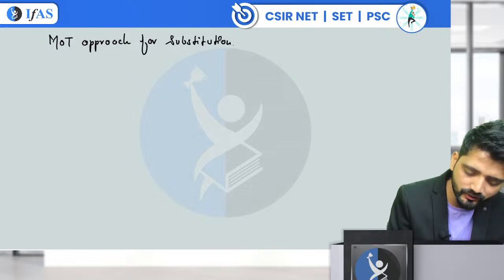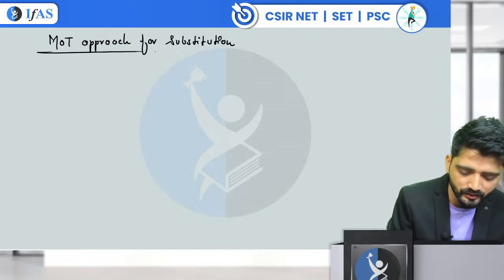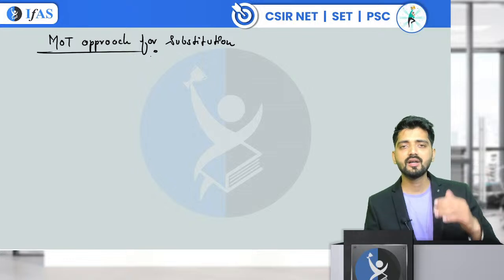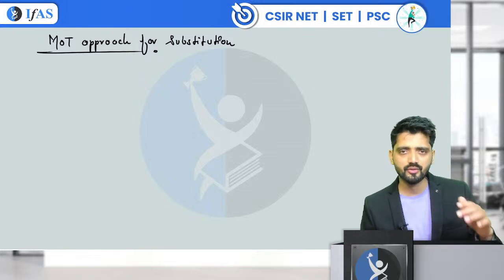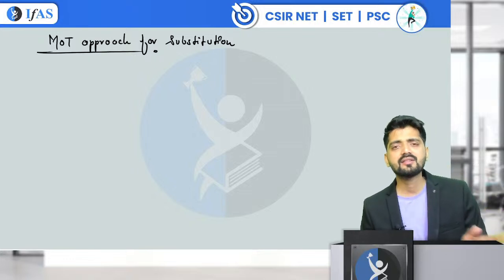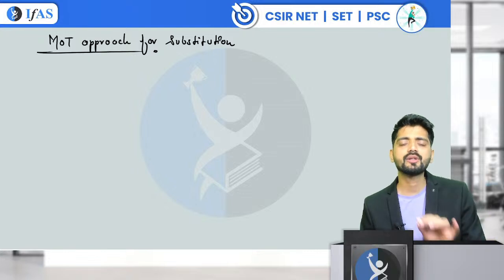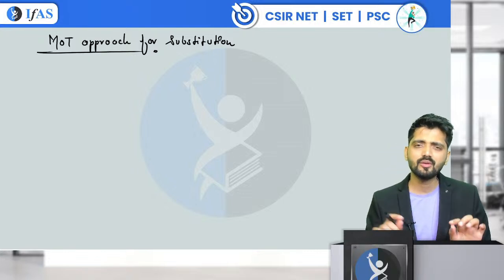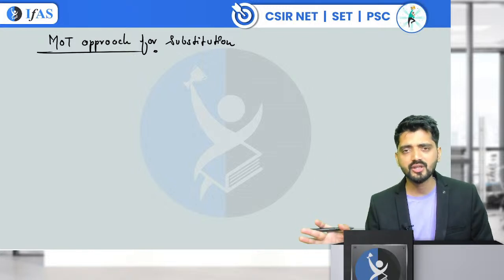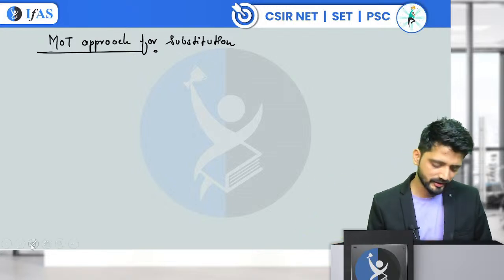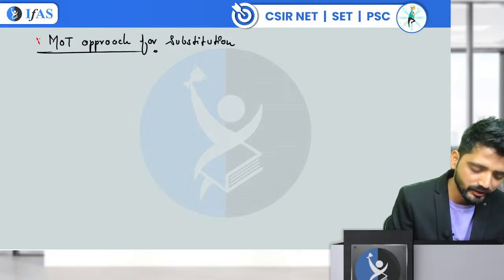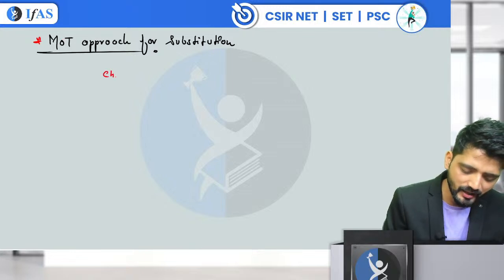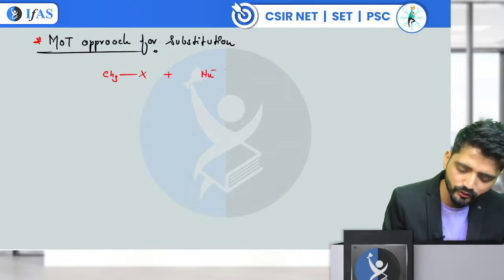There are two ways to study substitution reactions or the reaction mechanism topic. One is a simple classical approach, which we were doing just now, and the second is a molecular orbital approach, which may also be used to explain things, but we will not go into a very broad picture, just a small idea of how MOT works here. Let's suppose I have a very simple substrate CH3X and a nucleophile.